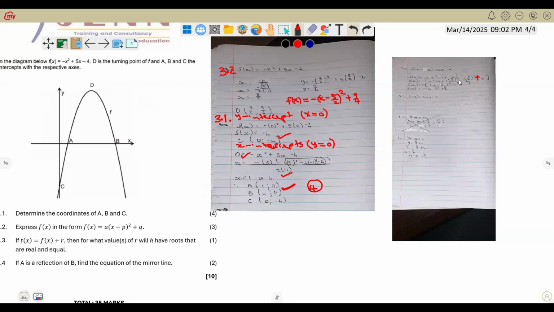Okay, this makes sense. It was supposed to be negative 9 over 4, right? 9 over 4, yes, sir. Then when you multiply by the negative, it was supposed to give you plus 9 over 4. You see where you make mistakes and you end up losing your marks there. Is that clear? Yes, sir. Can you read the next one, the 3.3?